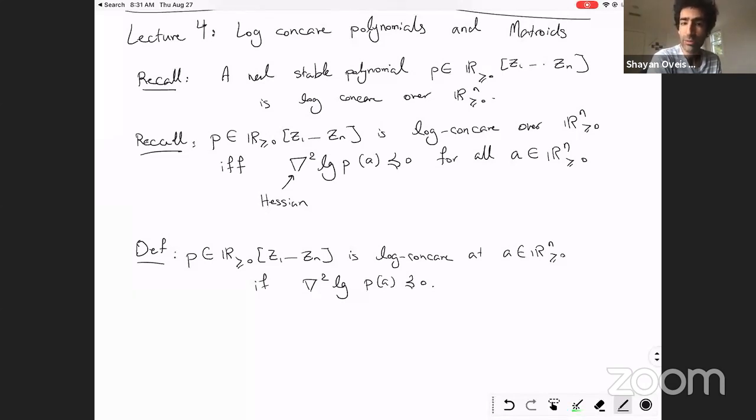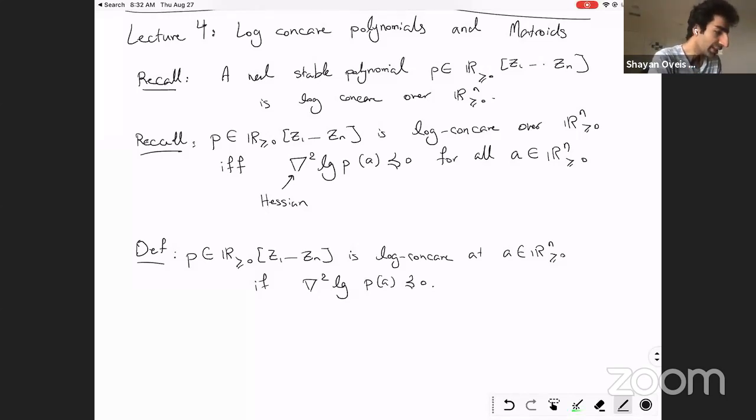Because if the polynomial is negative at some point in the domain, then the log is not well defined, and I wouldn't be able to talk about log concavity. So I want to assume that coefficients are non-negative to make sure everywhere in the positive orthant my polynomial evaluates to a non-negative number.